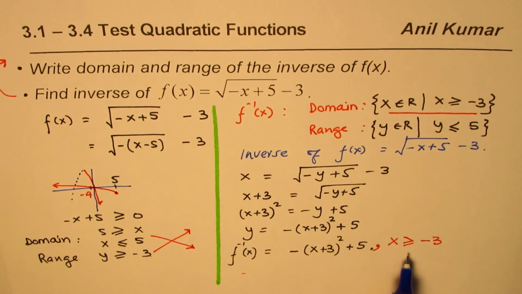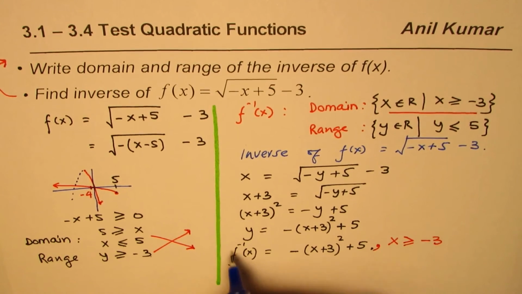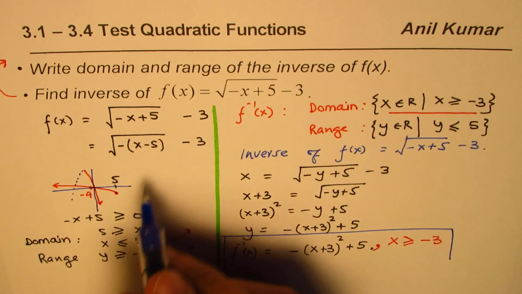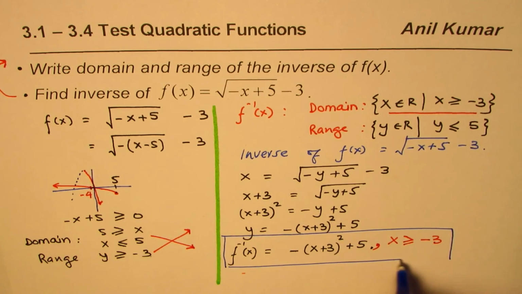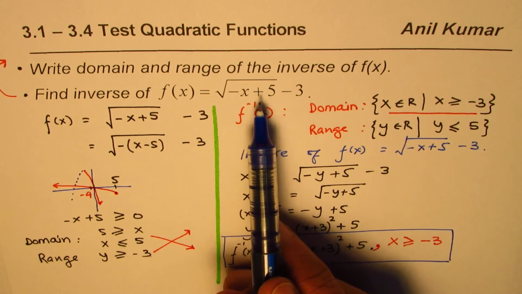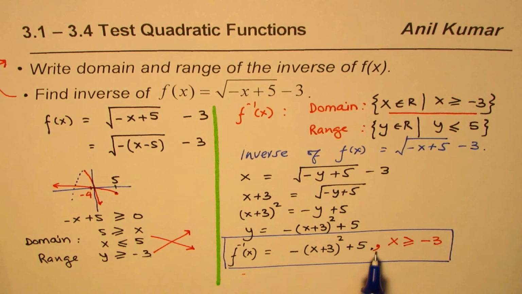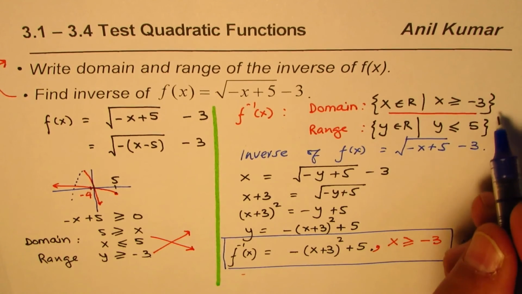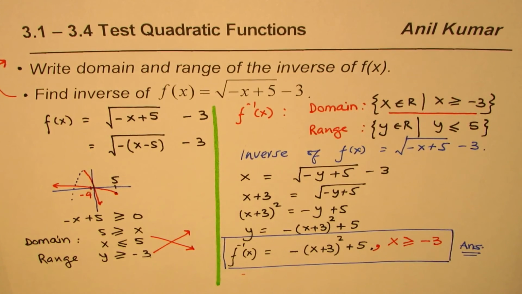So that is the inverse function. It is because of this that we went round about all this, to give you a concept. So if you have to find the inverse of this, it is very important to include the restriction on the domain and then write down your answer. So that becomes the answer for the inverse, correct? And this is the answer for domain and range.